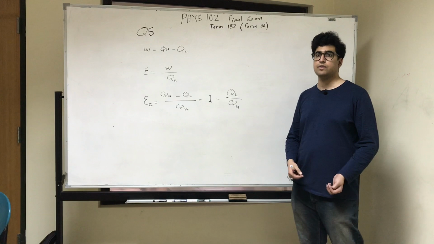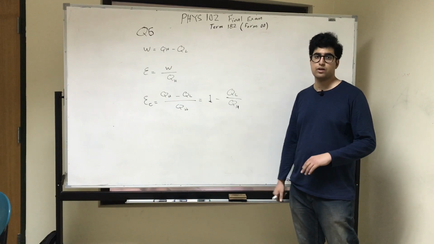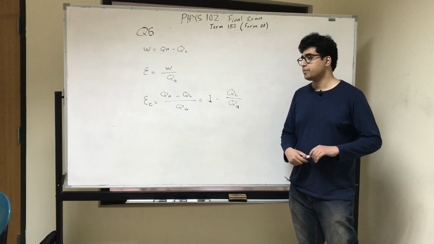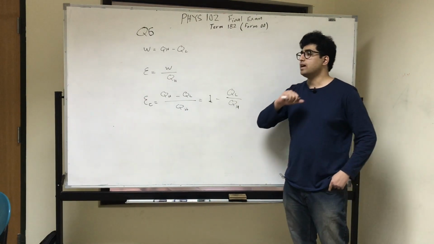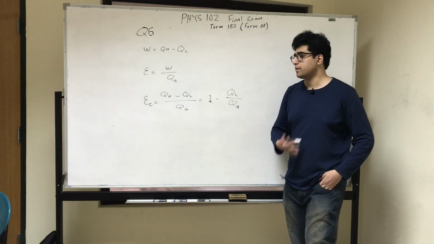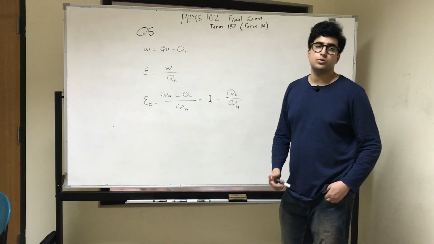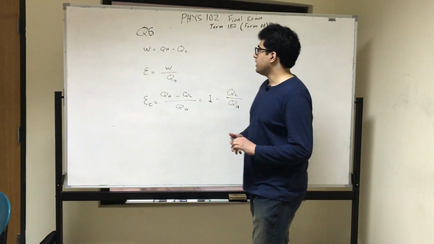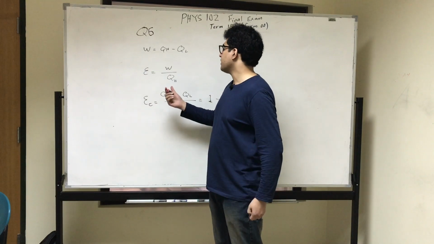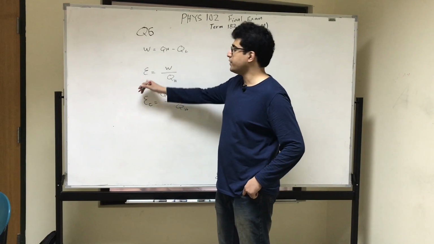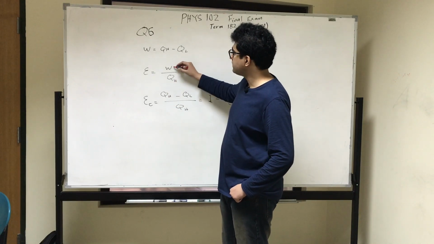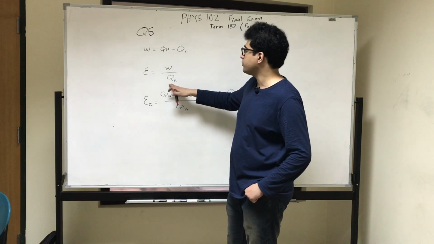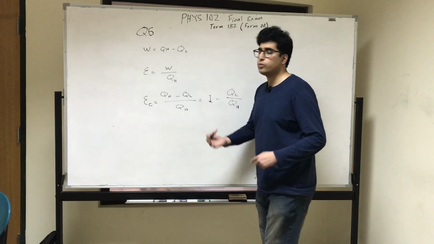This is the antithesis of what we have written in the book. The third choice says it has an efficiency of 100%, which is not true, and it can never be true. Because we know that the efficiency of any engine in the world is basically the work we get over the energy we take.